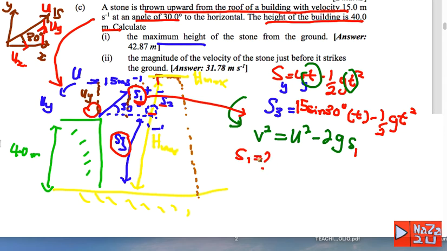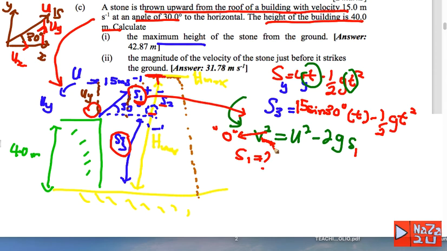So from the equation, V at the maximum point, after the stone reaches the maximum point and before it starts moving downward, V is equal to 0. At the highest point V stops just before moving downward.